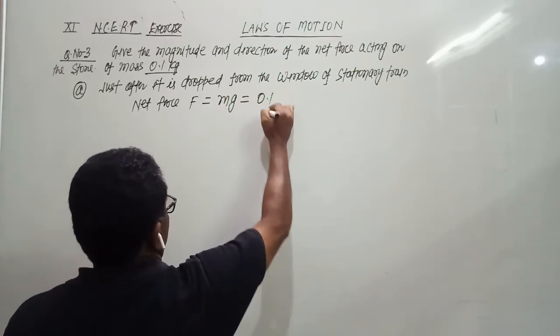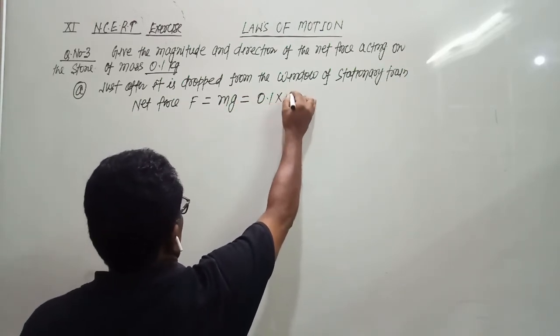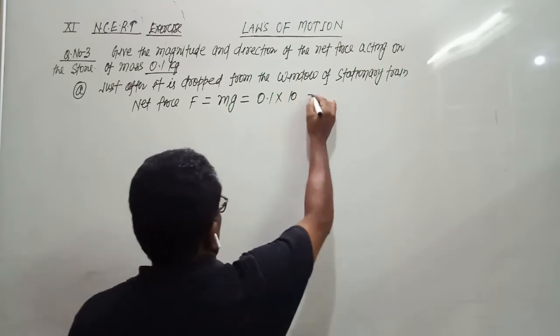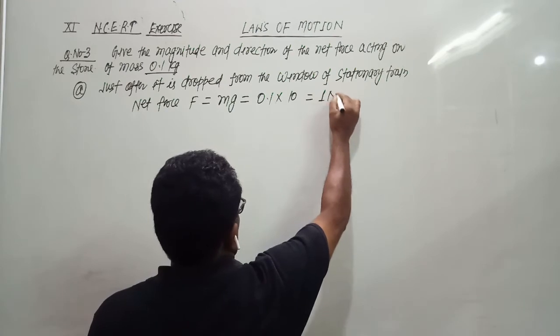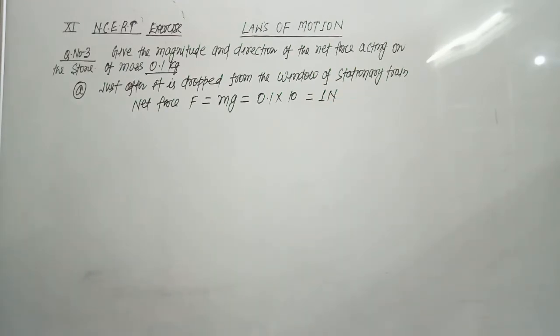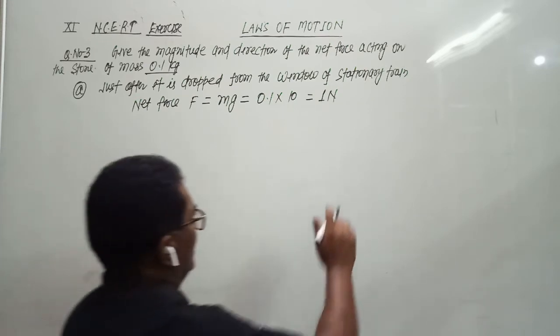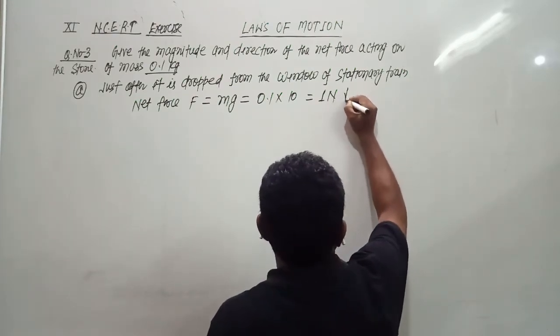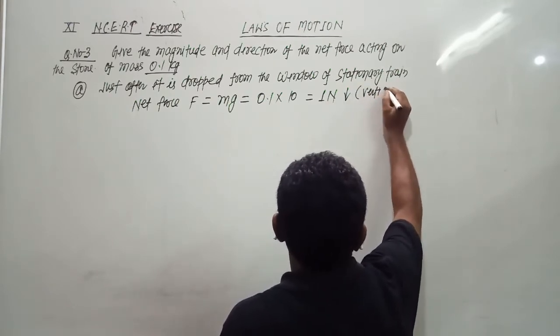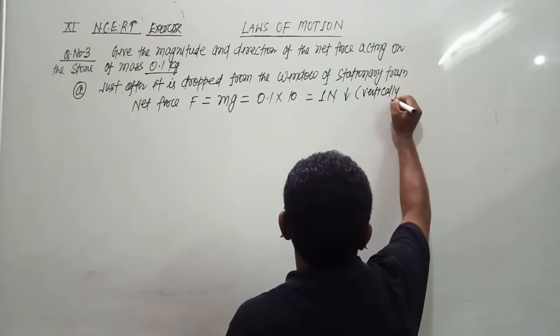The value of mass is 0.1 and the value of g is taken as 10. So we get 1 Newton. The net force acting on the stone of mass 0.1 kg is 1 Newton, and the direction of the force is vertically downward.